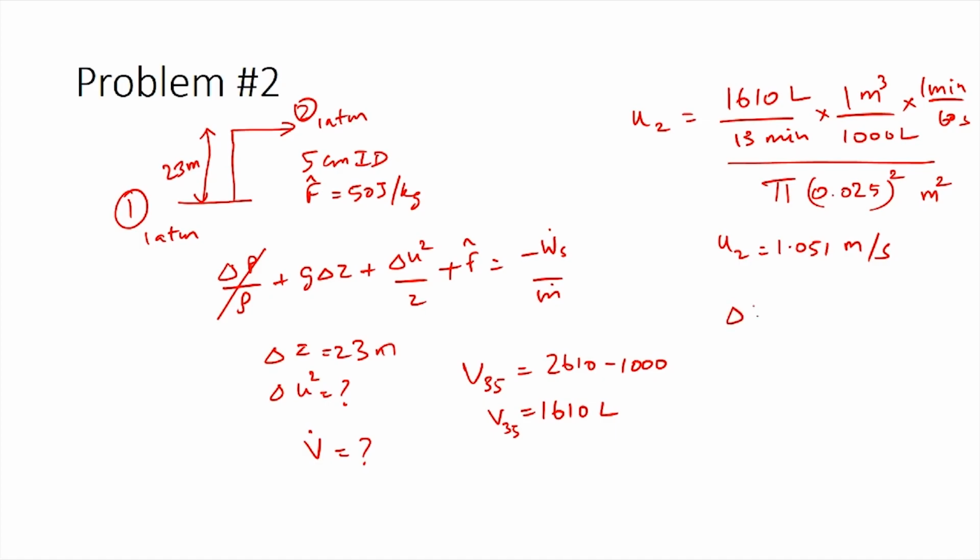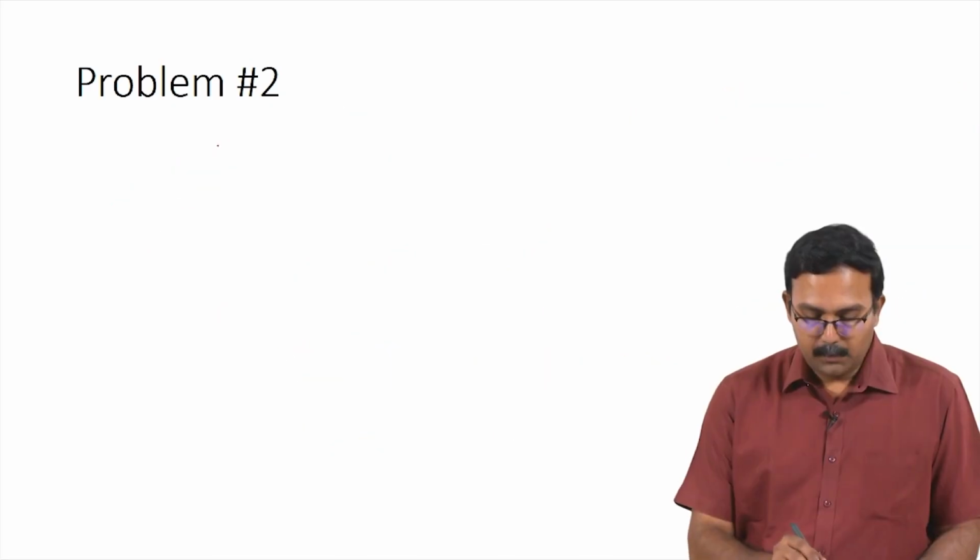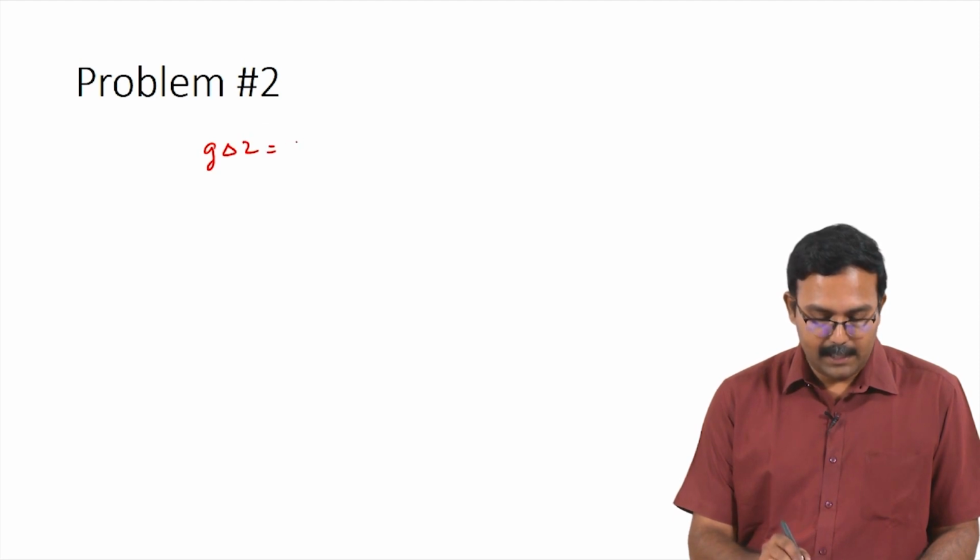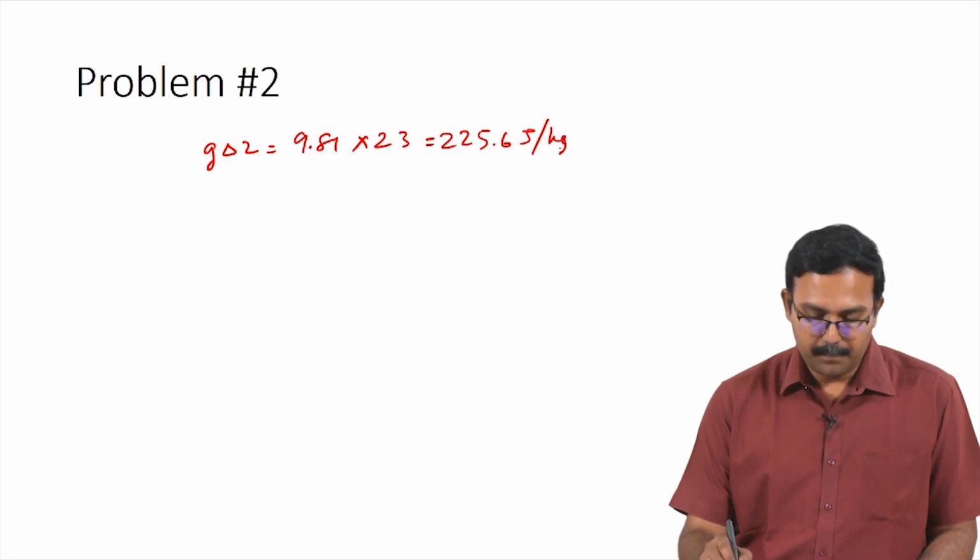So, we can calculate Δu squared by 2 as 1.051 whole squared divided by 2, which is equal to 0.552 joules per kilogram. As we already knew the value for ΔZ, we can calculate gΔZ as g is 9.81 times ΔZ is 23, giving a value of 225.6 joules per kilogram.